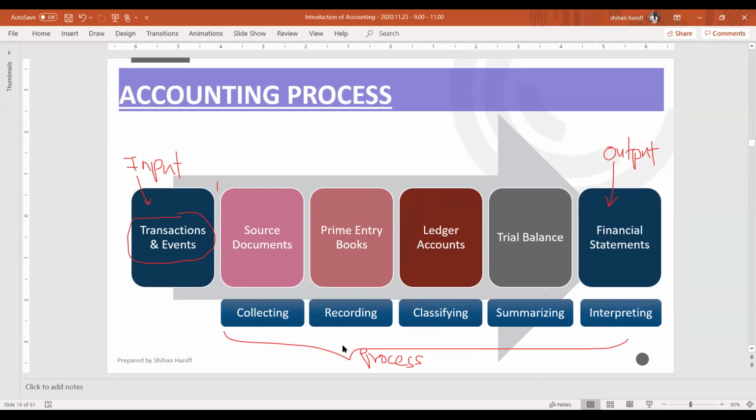What do you do? First step, you collect all the documents. What are these documents? These are proof for a transaction.